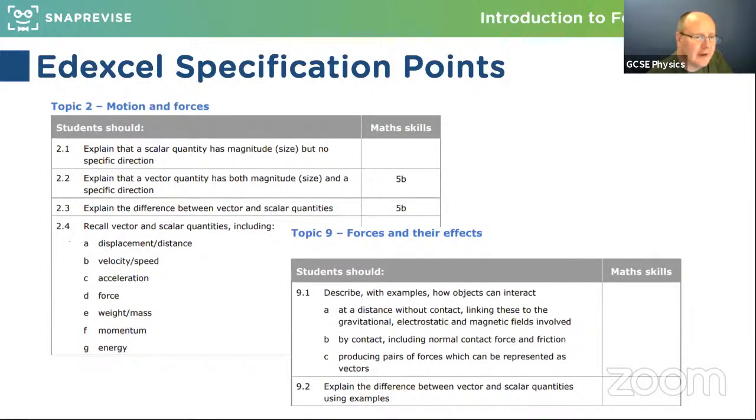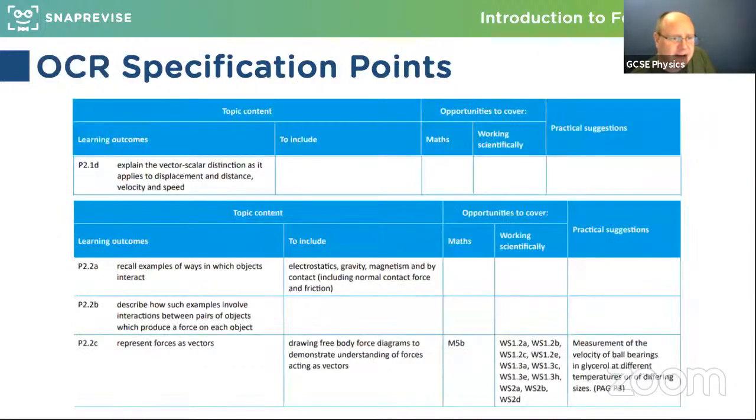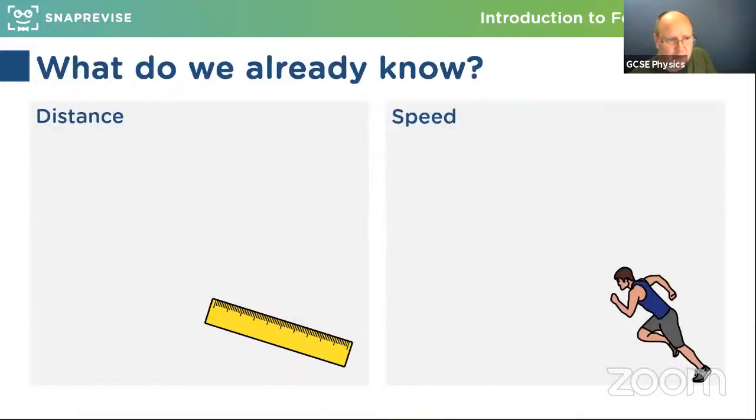So recalling what vector and scalar quantities are, being able to identify each of these ones as either vector or scalar, describing contact and non-contact forces, and we'll talk about the differences between the two in a moment. And the OCR spec points, again, the same things essentially, so non-contact and contact forces, etc. So we will cover the content for all of those curricula today.